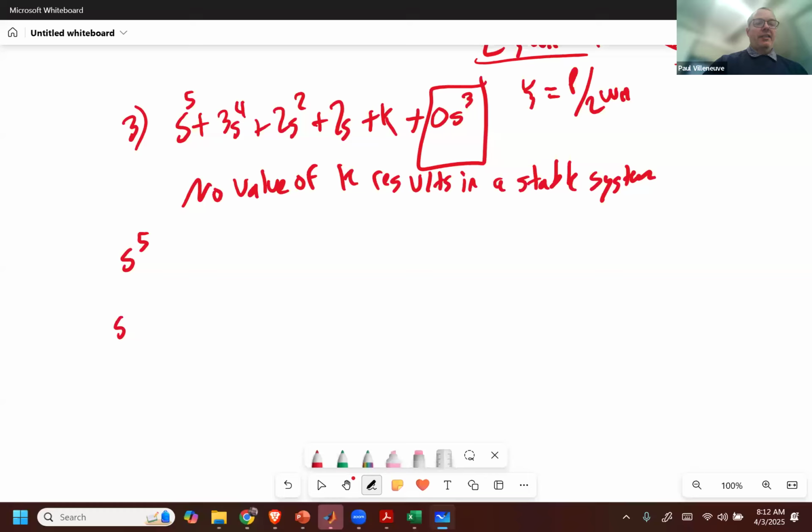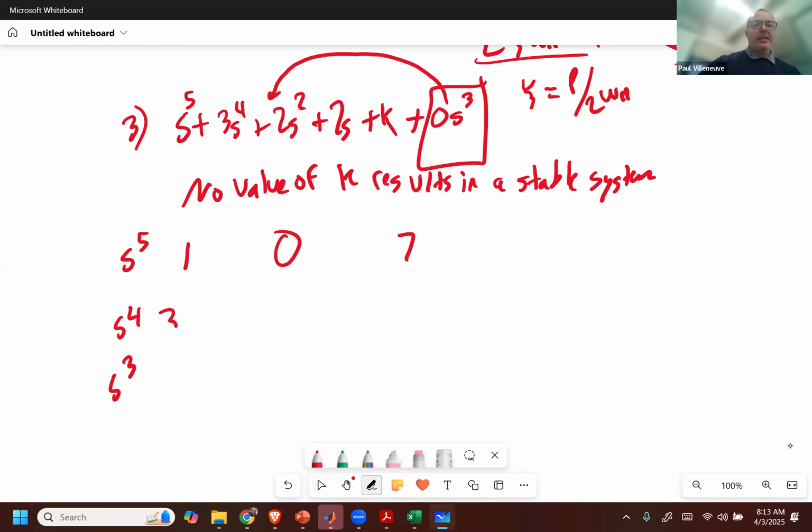S to the 5th, s to the 4th, s cubed, and I'll just start. I'll stop when we don't need to do more. 1, 2. Actually, no, not 1, 2. What's the value that should be there next? 0, right? Because this coefficient is between the 4 and the 2. So it's 1, 0, then 7.